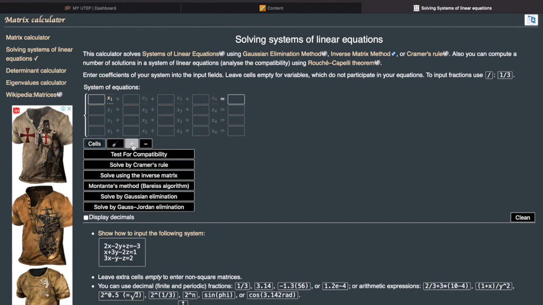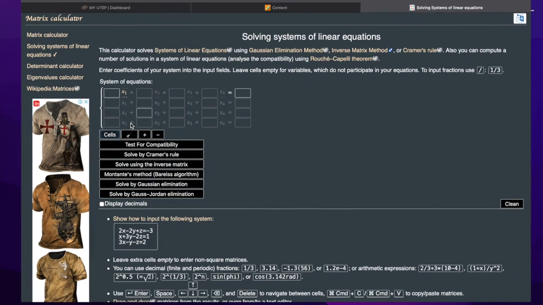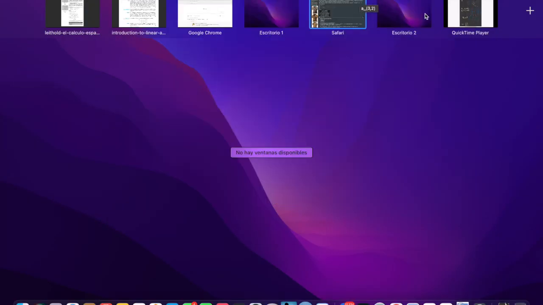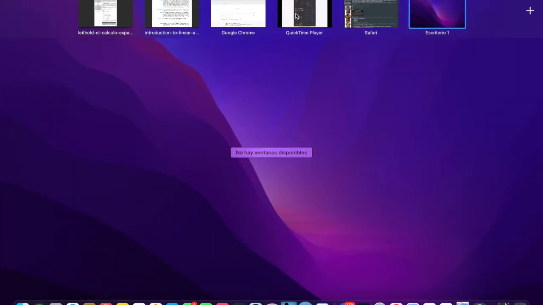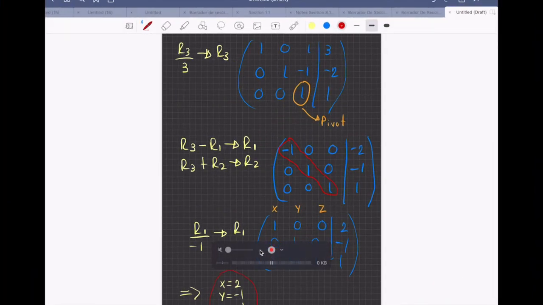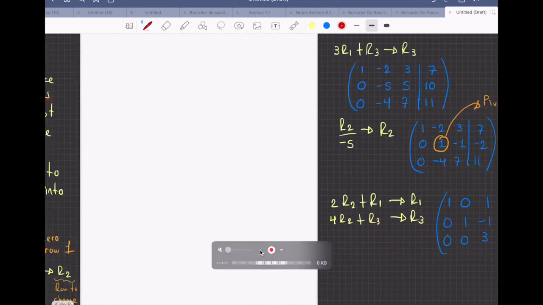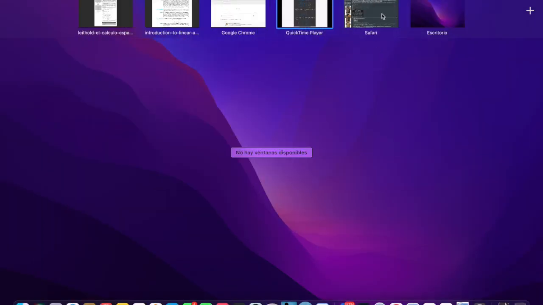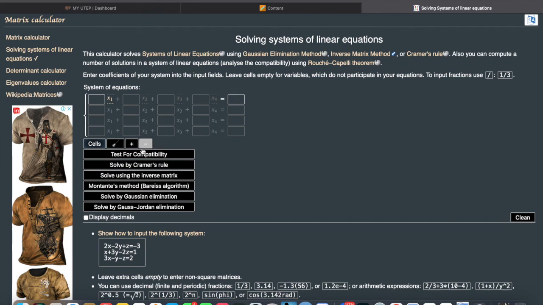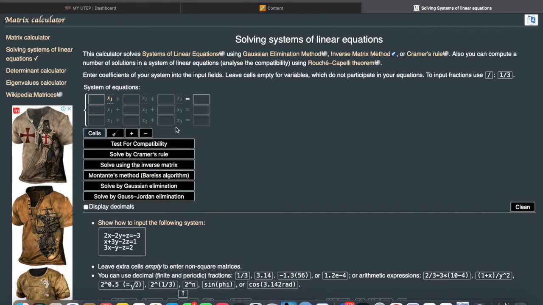So in this case, we started with this. You need to put the coefficients for the matrix. We have 3 equations, so I need to put only 3.